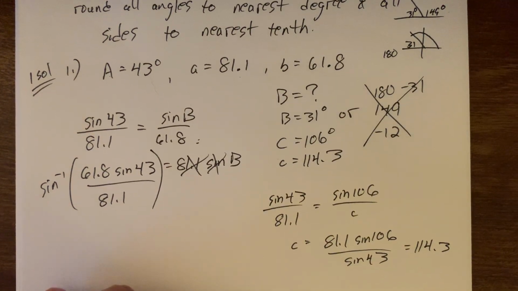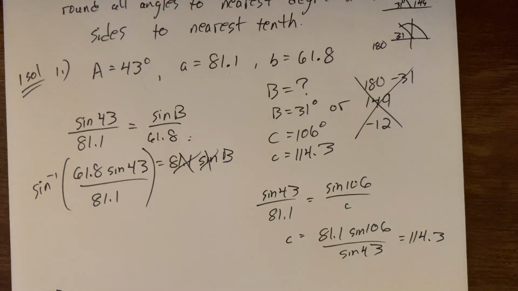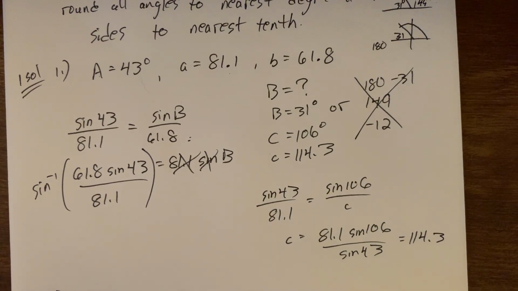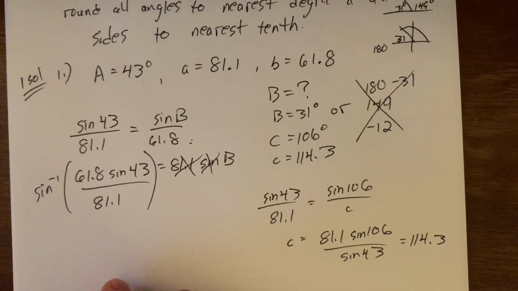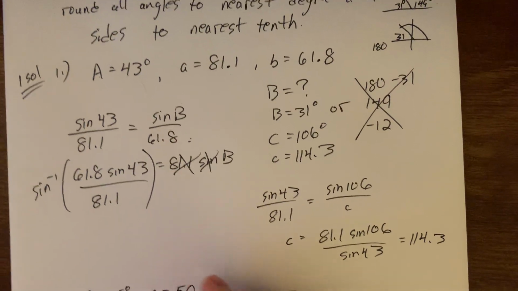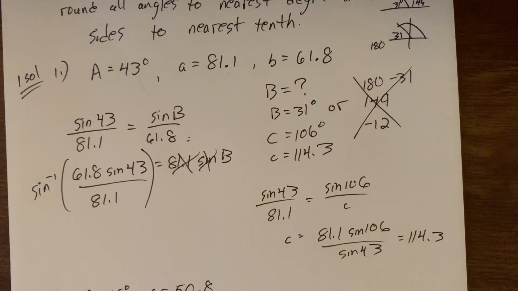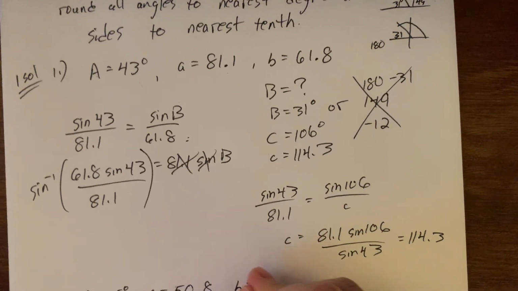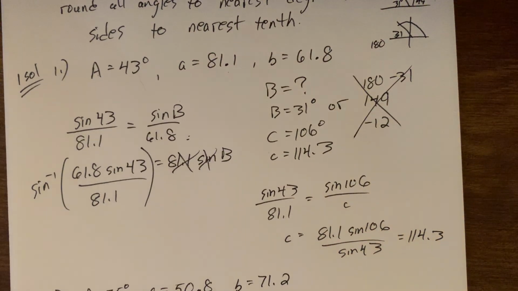Okay, let's continue. Number 2, let's look at angle A is 75 degrees. Little a is 50.8, and little b is 71.2.